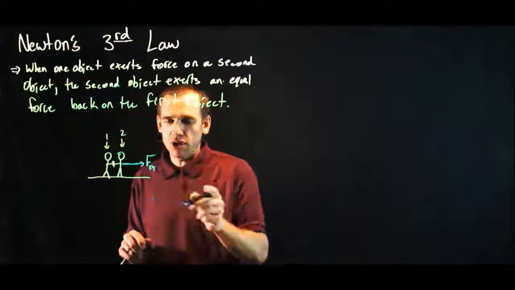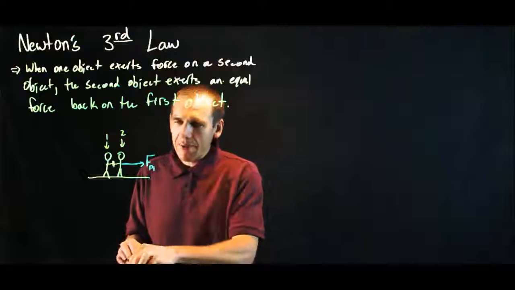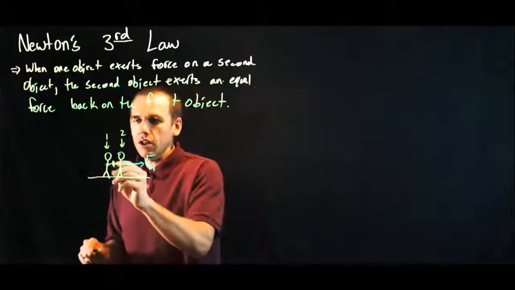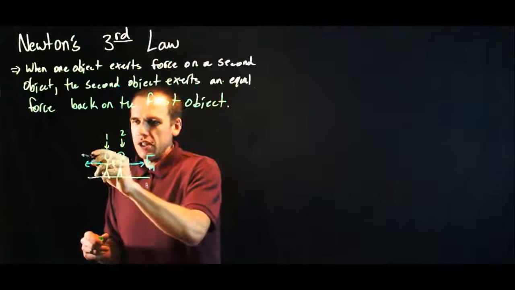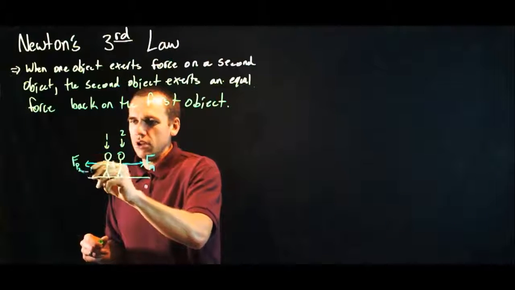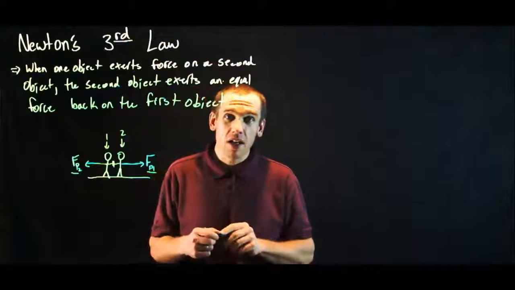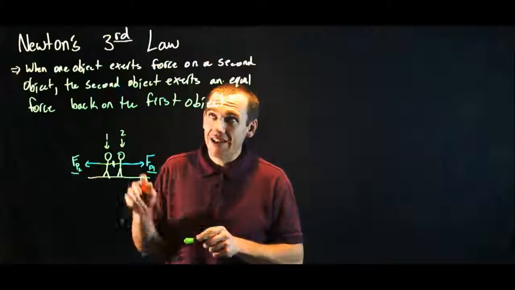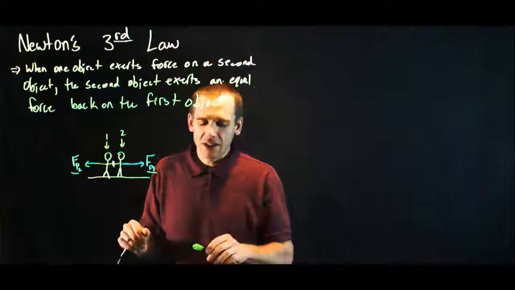But because person 1 pushed person 2, there is an automatic push back on person 1. That force is the force from person 2. And this force are equal in size but opposite in direction. That's Newton's third law. Two objects, two forces, acting on different objects.